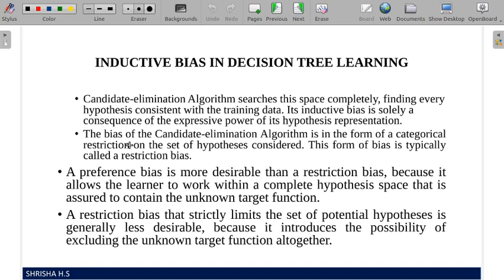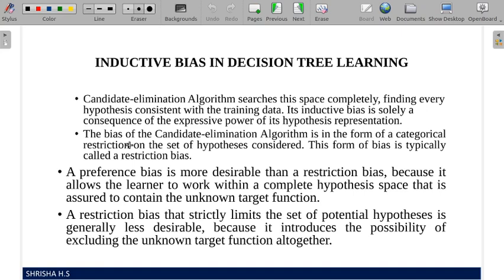Some hypothesis may have been very good at classifying a new instance, but our candidate elimination algorithm eliminated it because of the general and specific boundary. So a restriction bias is less desirable. So preferential bias is preferred, restriction bias is not preferred.